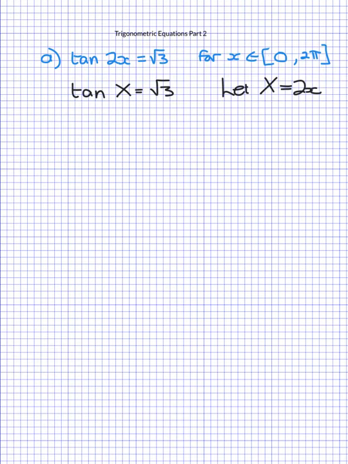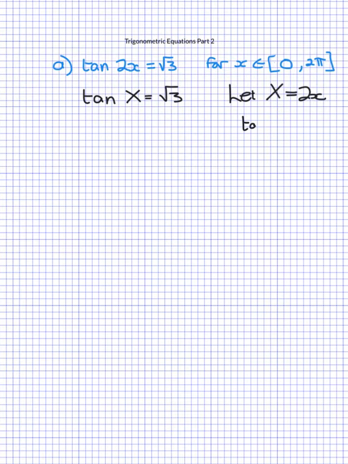Just makes it a little bit more straightforward. So then over in my calculator, I do tan to the negative 1 of root 3, and I would get pi on 3. Okay. So therefore I know that x must equal pi on 3 plus k pi, because it occurs every pi rather than occurring every 2 pi.